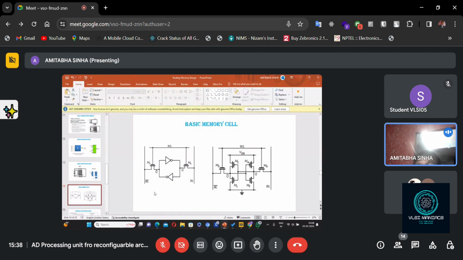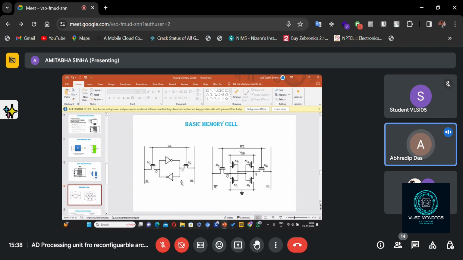Can you tell, if you want to read data, how to read? BL bar is not the control signal. Read or write will come from the control. What is the control line?